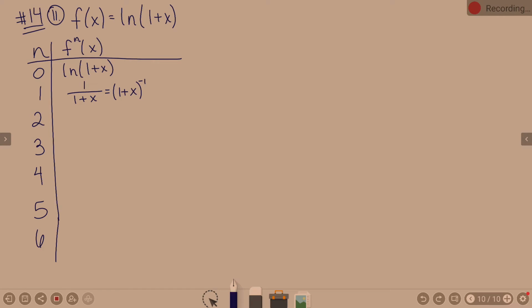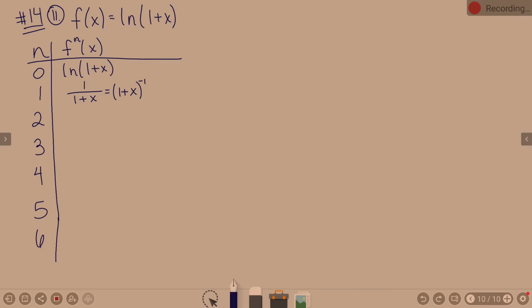I like both there, because I like the 1 over 1 plus x for when I plug 0 in, but I like the negative exponent for when I do my next derivative. Does that make sense? So I'm going to have both in there. And I didn't really do both on the answer key. So now I'm going to go ahead and do all my derivatives.